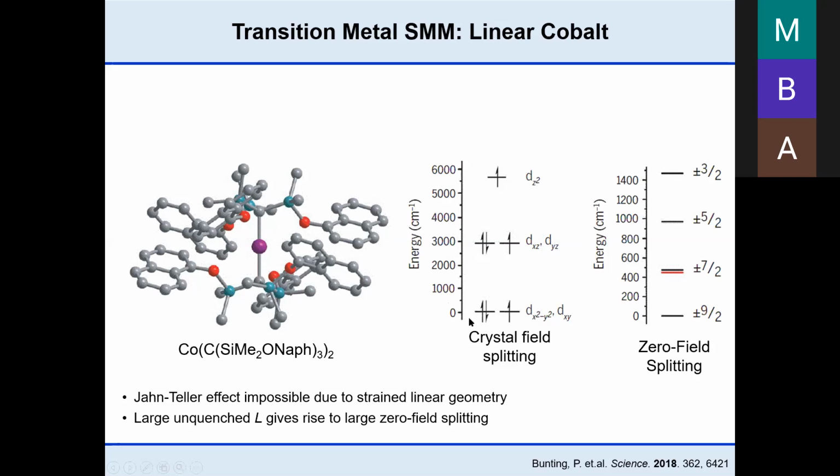This gives rise to a non-Aufbau ground state where, unlike in most transition metal compounds where we have a nominally L equals 0 ground state, this compound has a nominally L equals 3 ground state, which you can kind of tell based on this diagram where we have m sub L of +2, -2, +1, -1, and 0. If we sum up those contributions, our maximum L value under Hund's rules here will be 3.